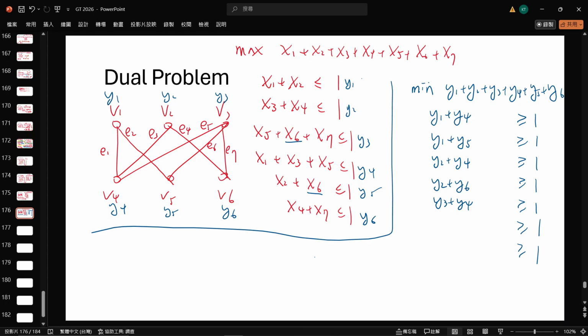It's y3 plus y5, so it's the endpoints of E6. And finally, x7. It's y3 plus y6.